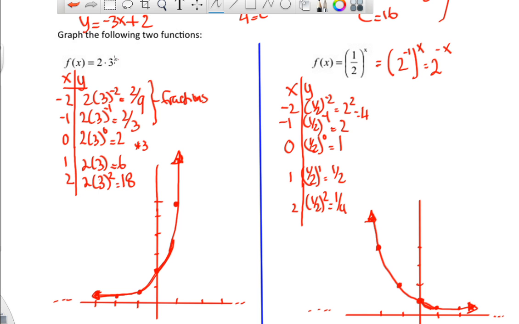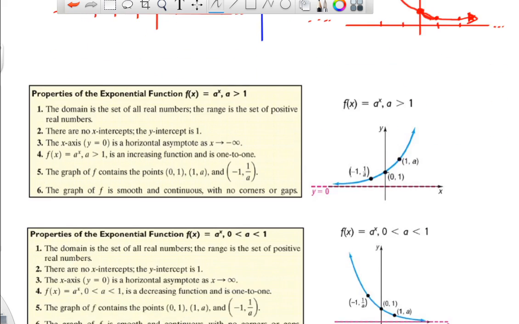If it's a positive exponent, then we have an increasing function. Please keep in mind that negative exponents have absolutely nothing to do with negative numbers. Okay? Nothing. Negative exponents means that you have a fraction. We don't have negative values, at least not out of the function right now.